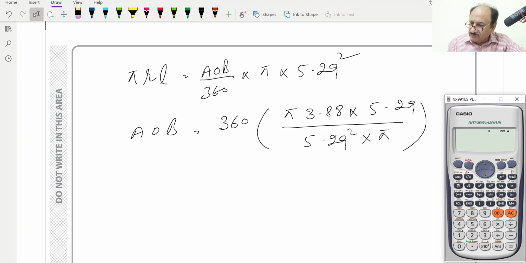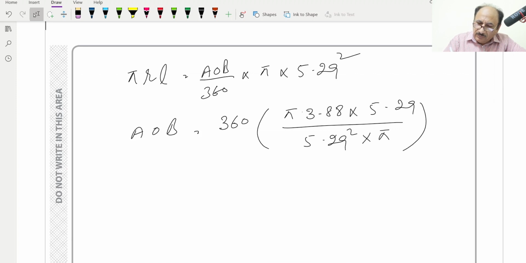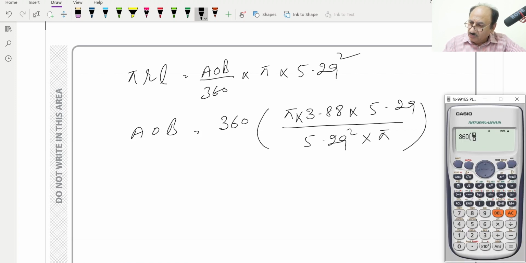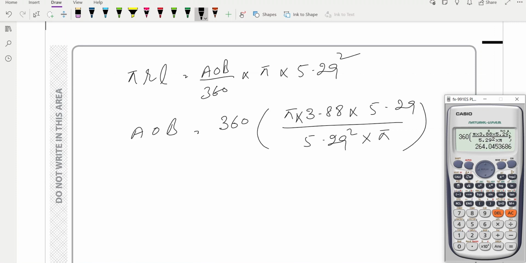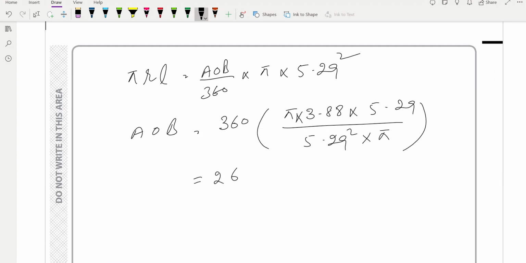So this will be 360 into this fraction, which will be pi multiplied by 3.88 multiplied by 5.29, and over will be 5.29 squared multiplied by pi, so this will be closed, and this is equal to 264.045, and approximately equal to 264.